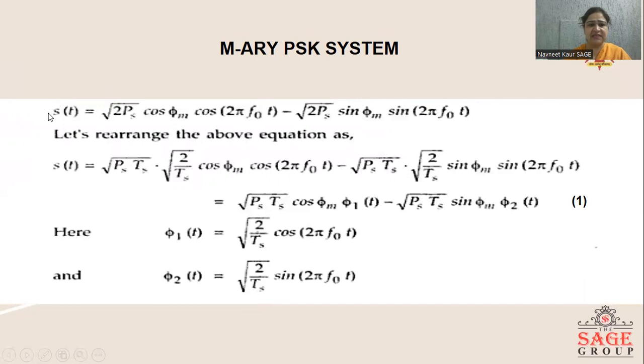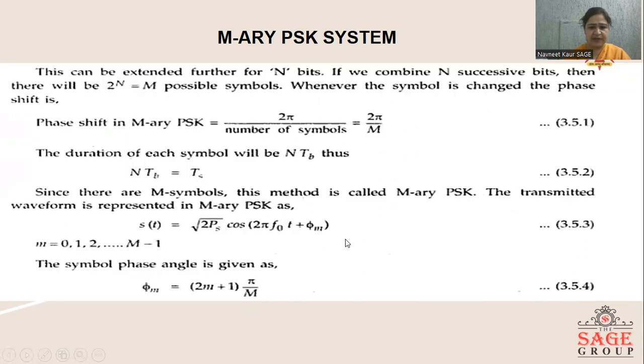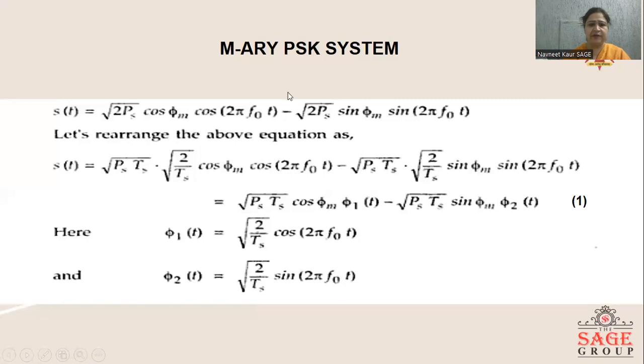Now, this is the general expression for M-ary PSK system, which is given as root 2P cos phi m cos 2 pi f naught t minus root 2P sin phi m sin 2 pi f naught t. This equation is obtained whenever we expand this expression cos(A plus B). Now we will rearrange the above equation.